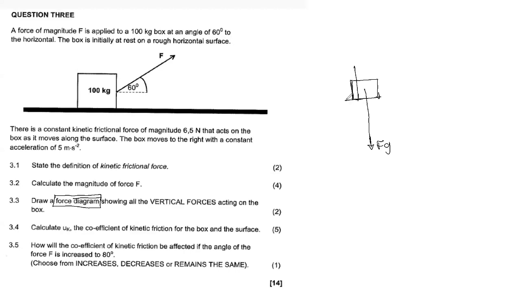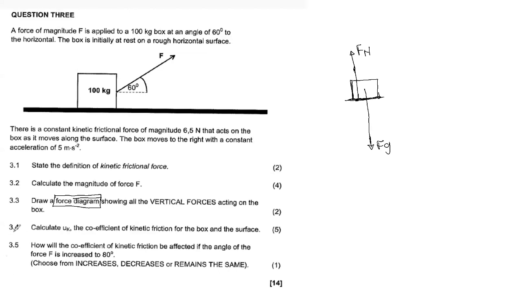So this is the surface here, and our normal force will start from the surface going up. So this is the normal force, right? You need to indicate it like that, for 2 marks. Everything needs to be properly drawn for you to have those 2 marks, so make sure that you observe it carefully.